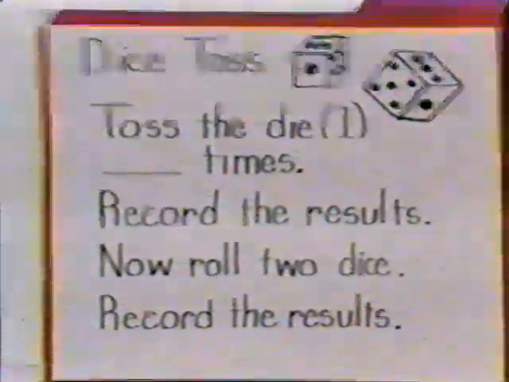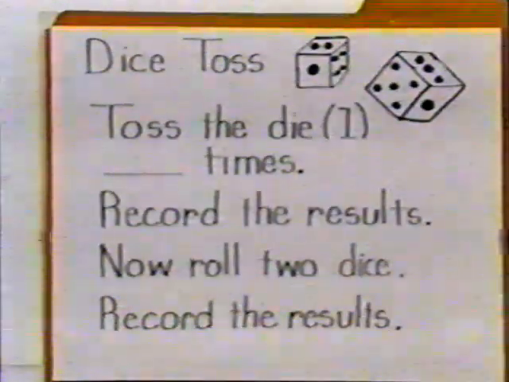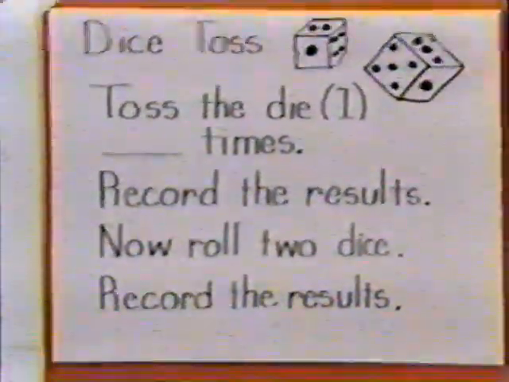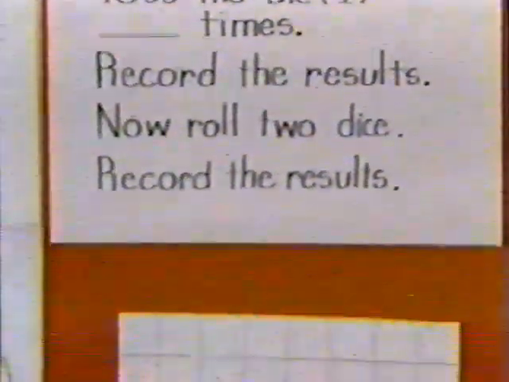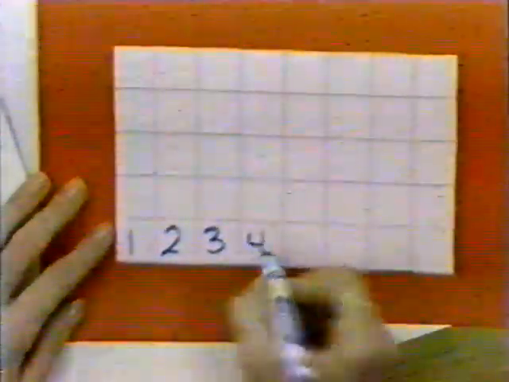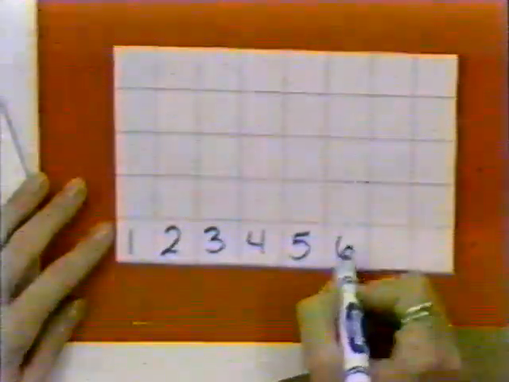And I have a grid here that you can use, and you can do this much like a graph. All right, toss the dice, and then here it's open-ended also.